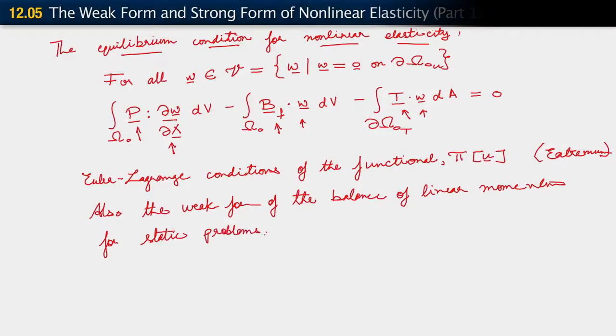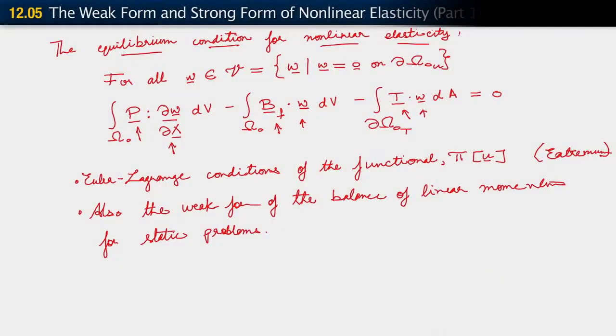Okay, what we're going to do now is work with this integral form a little more. In particular, we're going to try to understand why it is called the weak form. And as you might imagine, we are actually going to come up with the strong form. And that strong form is going to look very familiar to you. In order to do that, we are going to resort to an old trick in calculus, especially in integral calculus.